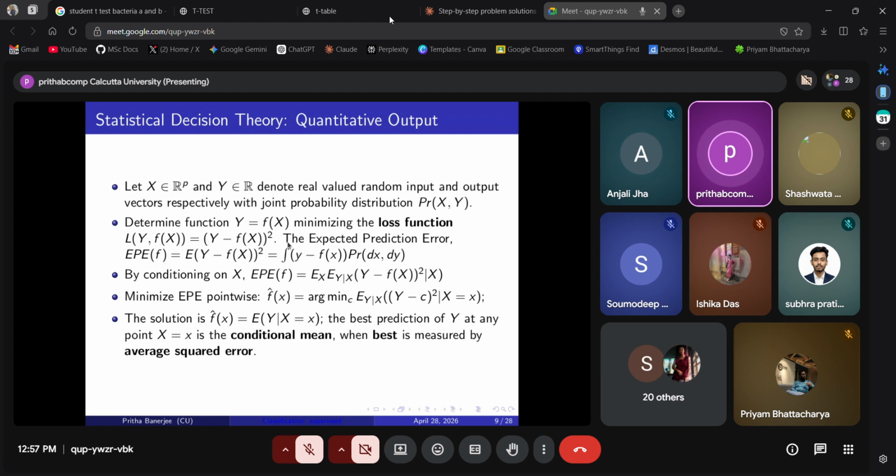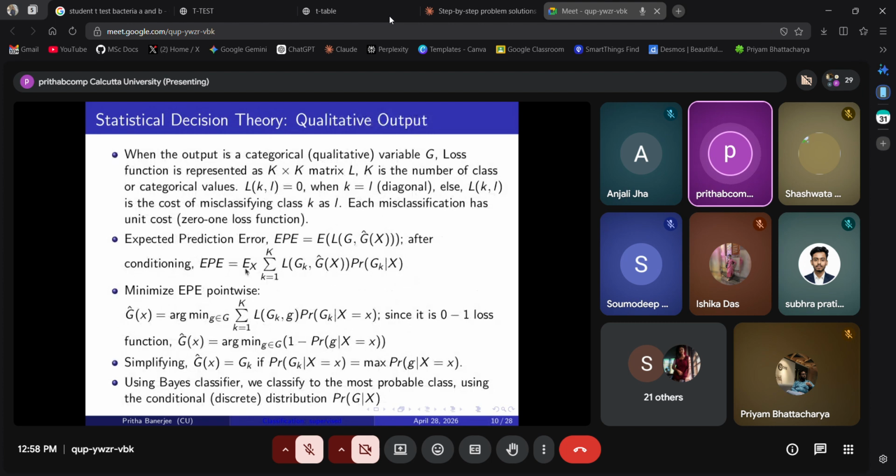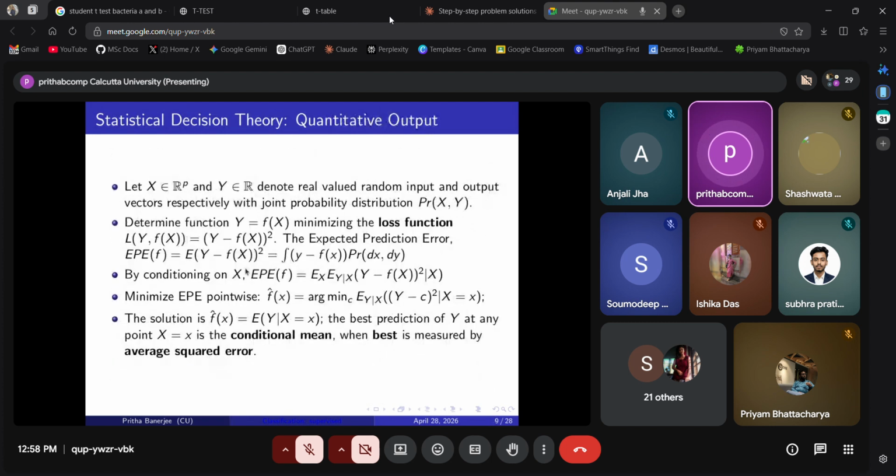From here we can define the expected prediction error. The expected prediction error of f can be written as the expectation of y minus f of x squared, and can also be written as an integration of y minus f of x squared times the probability P(x, y) dx dy. What we try to do is minimize this expected prediction error.